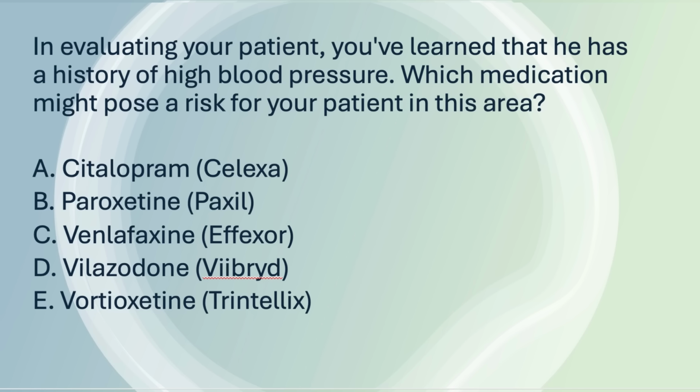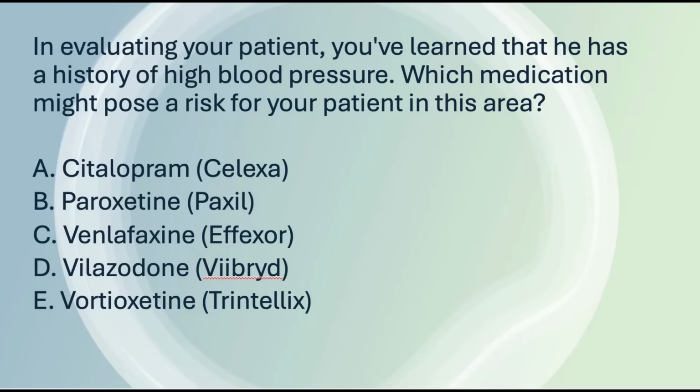When treating major depressive disorder in patients with hypertension, avoid or use caution with SNRIs due to possible blood pressure elevations. Opt instead for SSRIs like sertraline, citalopram, escitalopram. Those are all rather cardiovascular safer options.